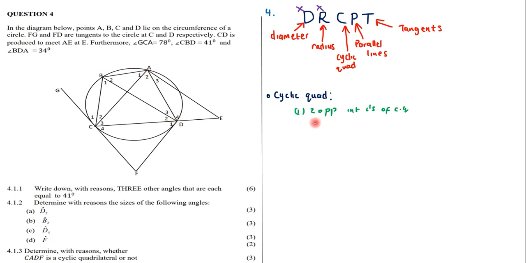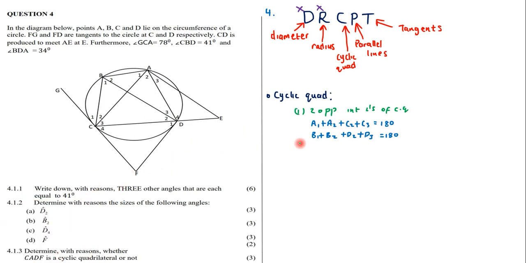So I'm going to write that: A1 plus A2 plus C2 plus C3 add up to 180. The next one is B1 plus B2 plus D2 plus D3, which also adds up to 180. That is the first part I see about the cyclic quad.